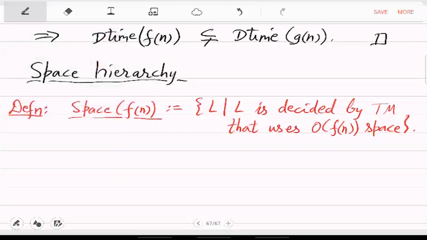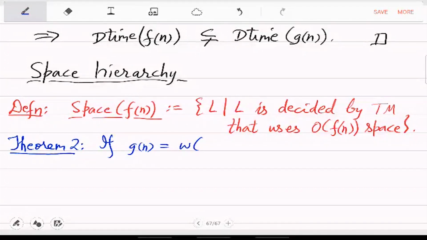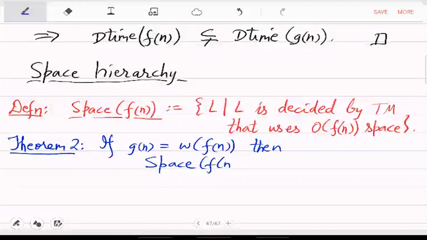And here again we can have a similar argument as before. So that's our theorem 2. So if G(n) is more space than F(n), then space F(n) is strictly smaller than the class space G(n).